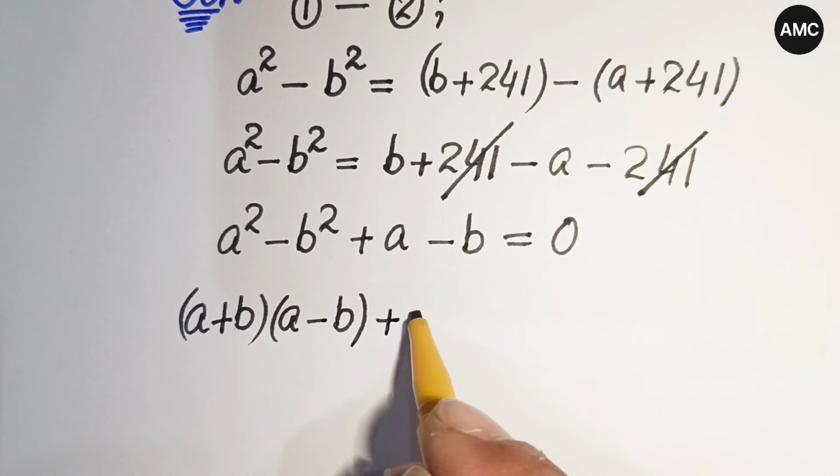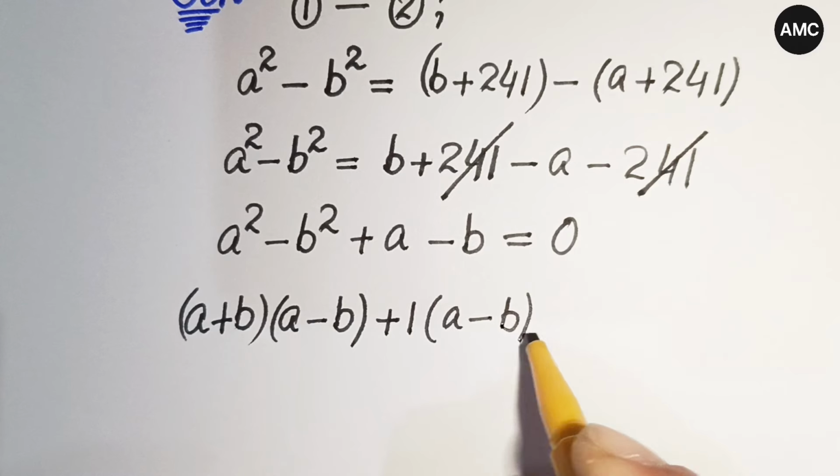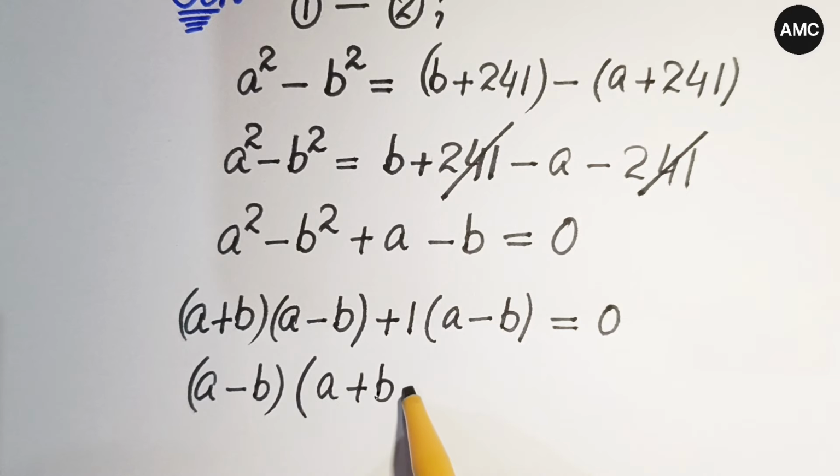And here if we take plus 1 as common, inside the bracket we will get a minus b, is equal to 0. Now here a minus b is a common term, so taking a minus b as common, inside the bracket we have a plus b, and here we have plus 1, is equal to 0.